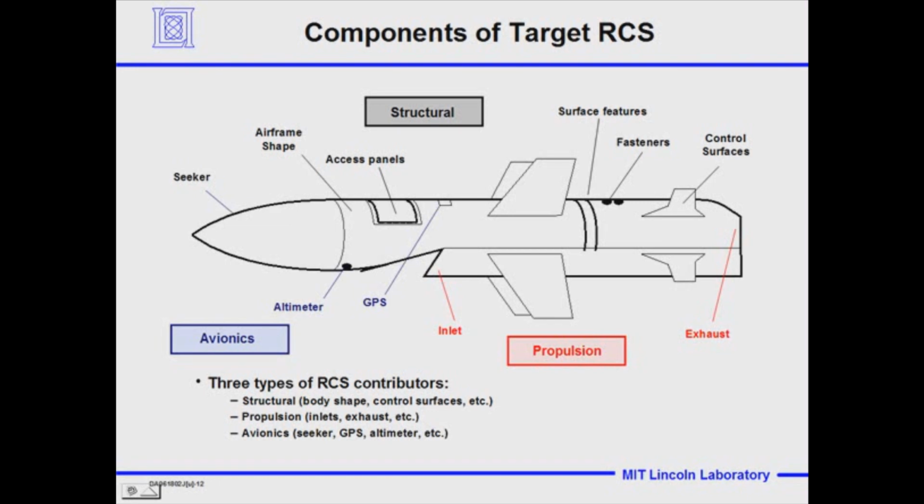Maxwell's equations tell you such things as you can't have an electric field inside a metal. But when this moving electric field hits the metal, in order to satisfy Maxwell's equations, you generate currents on the surface of the target.